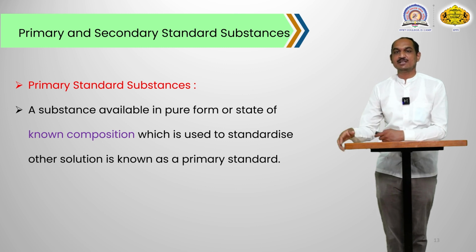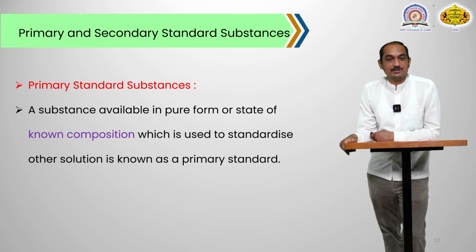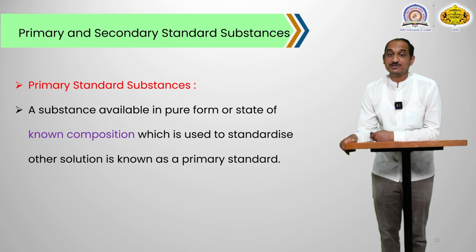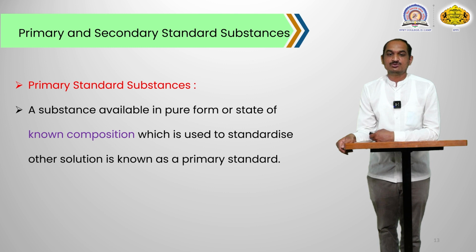Once again, I repeat the definition of primary standard substance. A substance available in a pure form or in a pure state of a known composition and which is used to standardize other solution is known as a primary standard substance.